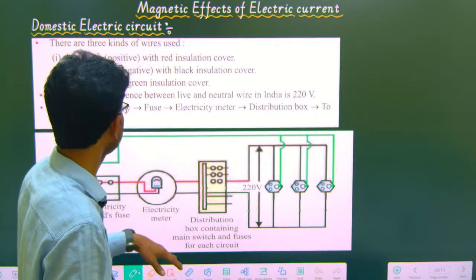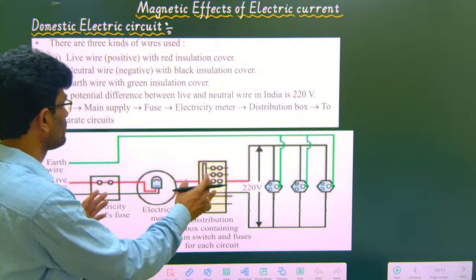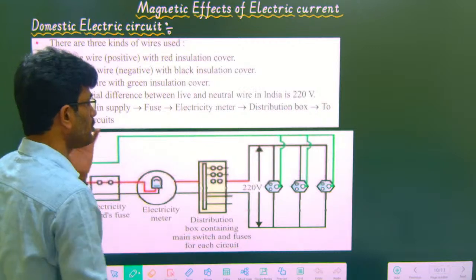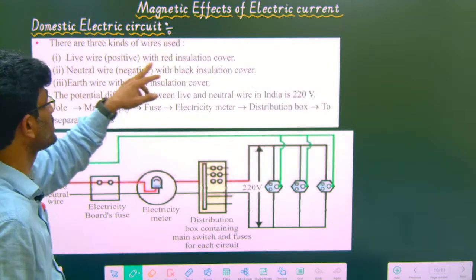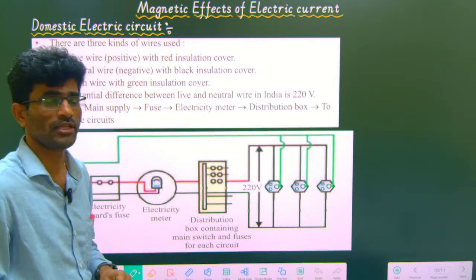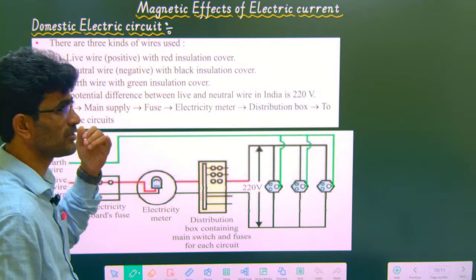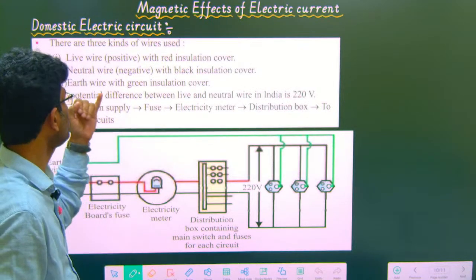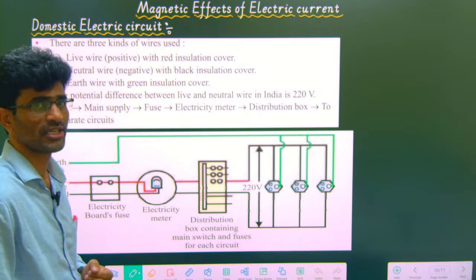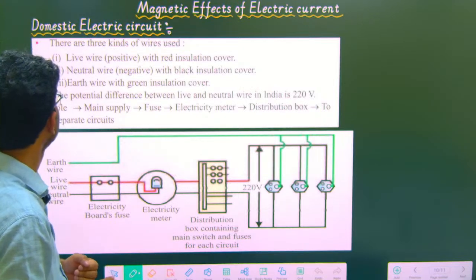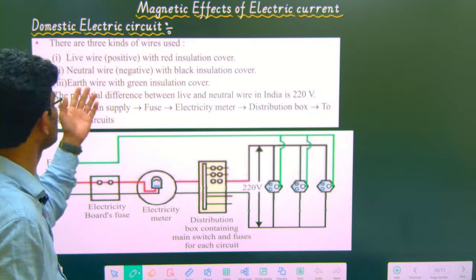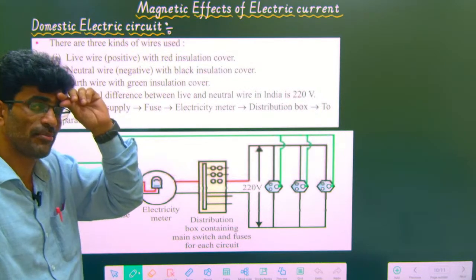So before going to this, what is there in this transmission from the electrical pole to our home? Here there are three kinds of wire. You can see in your home there will be three kinds of wires. One is called the live wire, which is in red color, red insulation, and it is positive. It will be connected to the positive terminal. Then the next one is the neutral wire, which is in black.